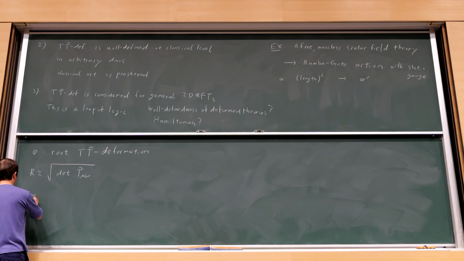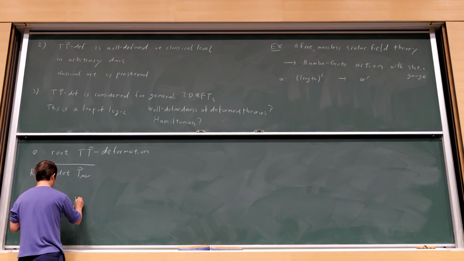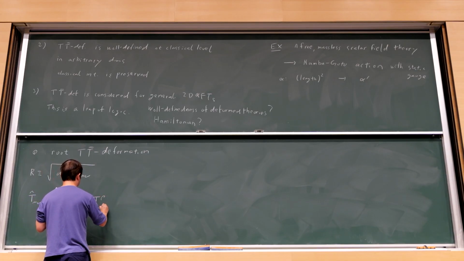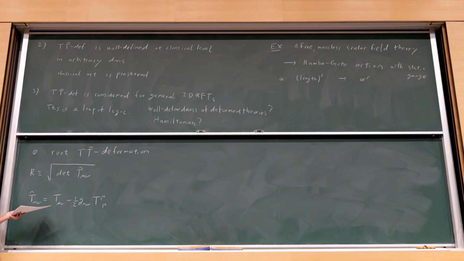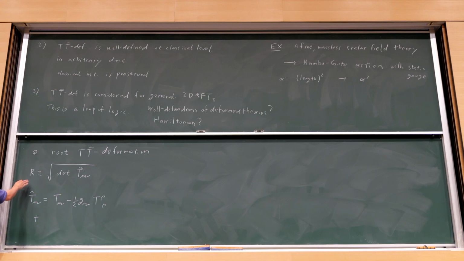Here, T tilde mu nu is the traceless energy momentum tensor, defined like this. So by taking the determinant of this traceless energy momentum tensor, and by taking the square root of this, the root-TT-bar operator is defined like this.